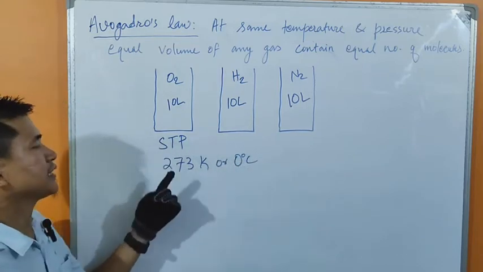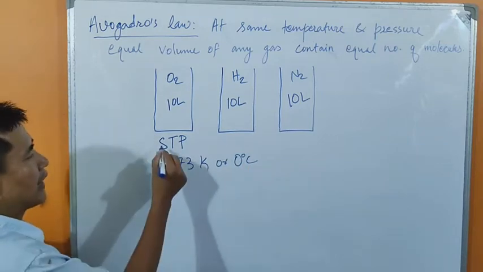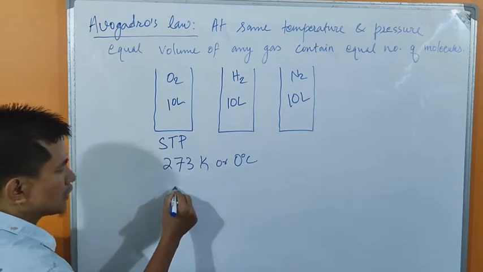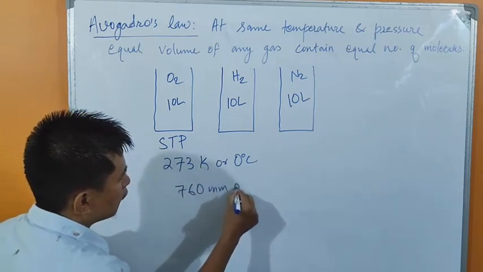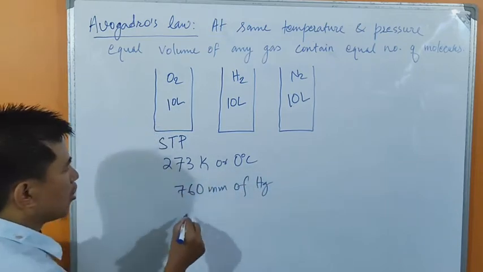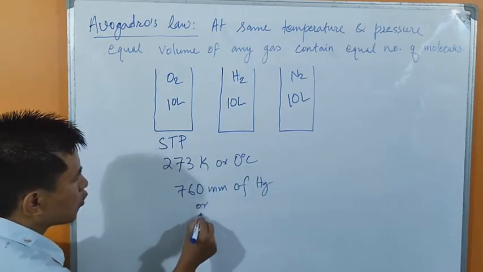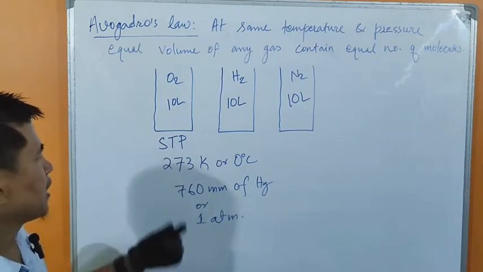Standard pressure is 760 mm of Hg, 760 millimeter of mercury column, or you can also say 1 atmospheric pressure.